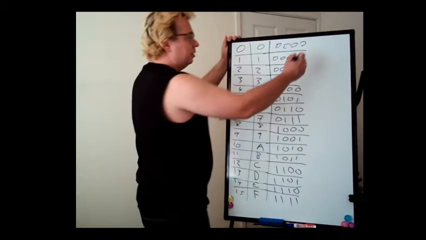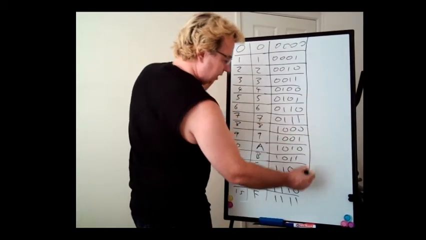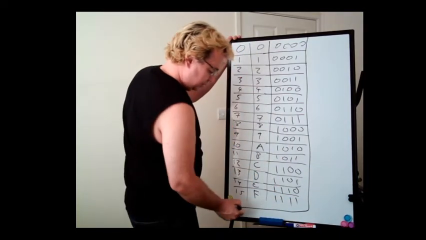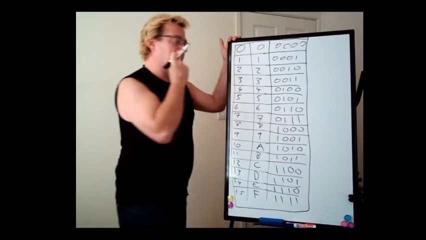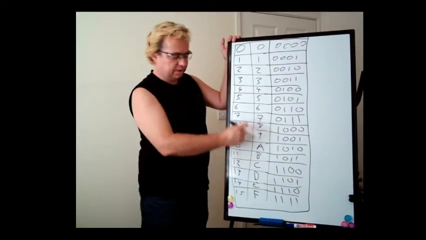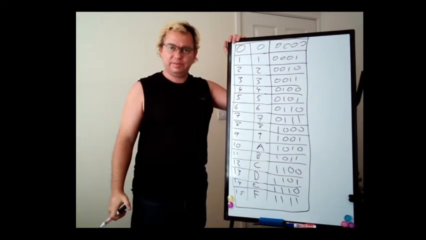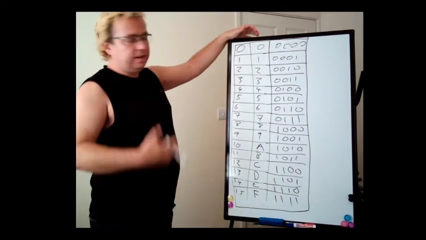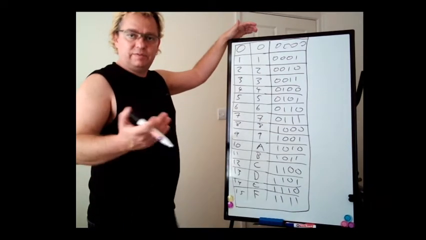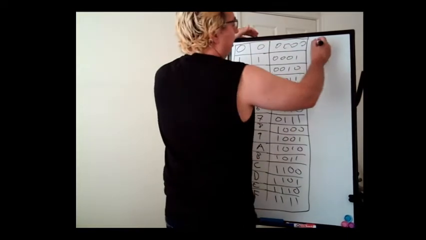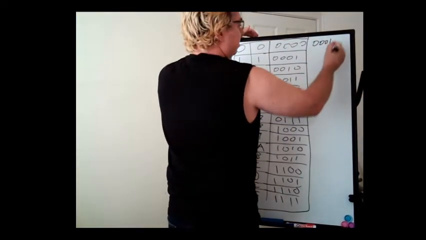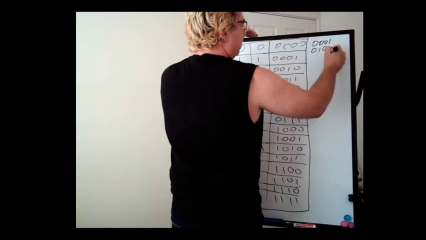So, rather than memorising these nibbles, which even for an expert like me, you can see is a bit tricky, we can just use A, B, C, D, E, F. In the early days of programming, you'd have two programmers. One guy would be reading off a list of binary numbers, maybe something like this.